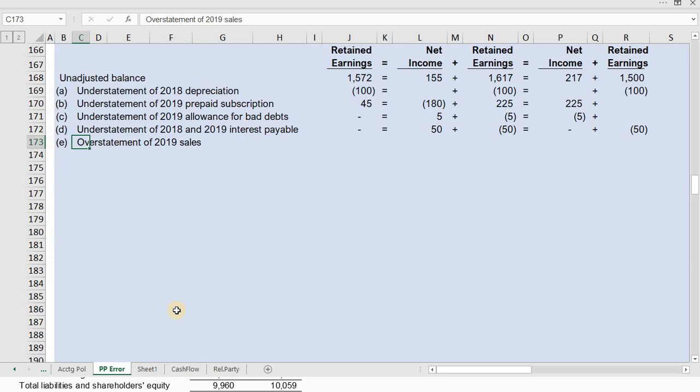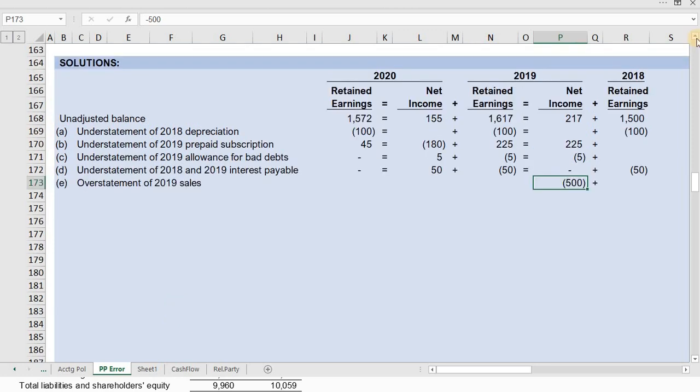So it means that the 2019 net income is overstated because the sales is overstated. So in order to correct the overstatement of 2019 net income, we need to deduct 500 pesos. And of course, since the 2019 net income is part of the retained earnings in 2019, we also need to deduct 500 pesos from the retained earnings at the end of 2019.